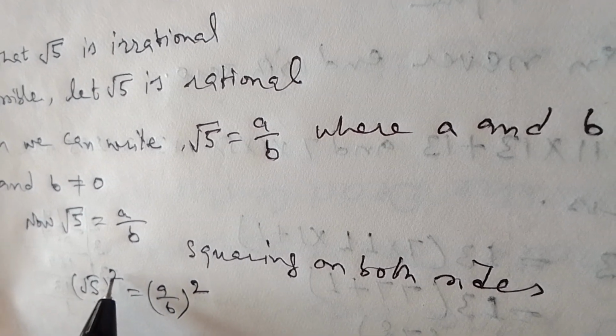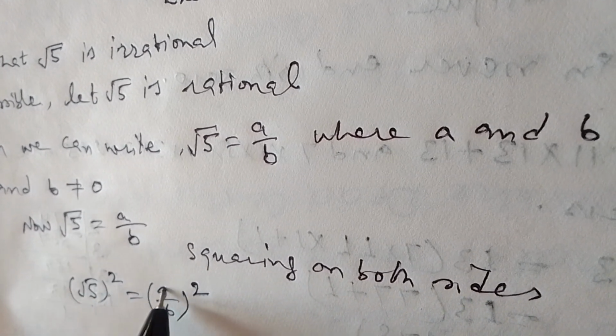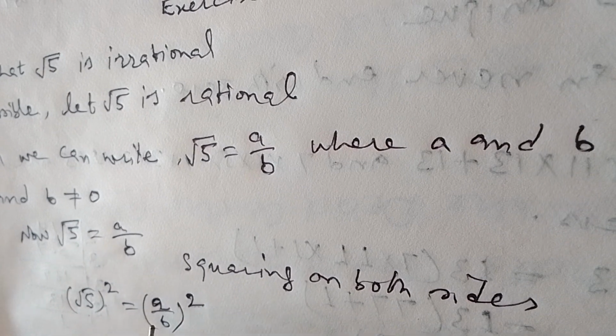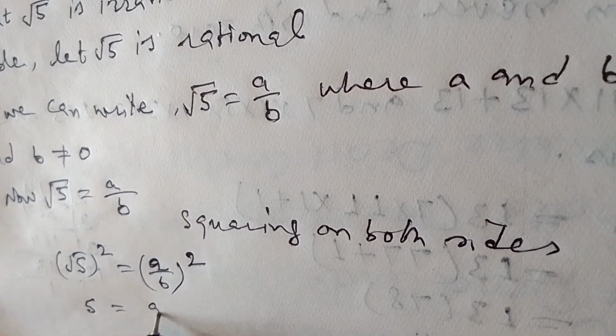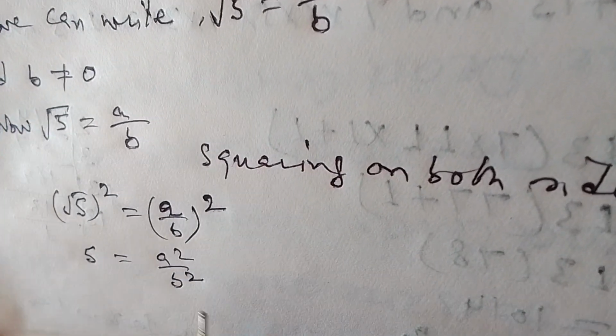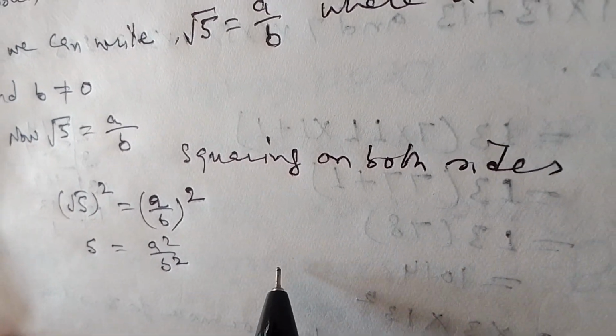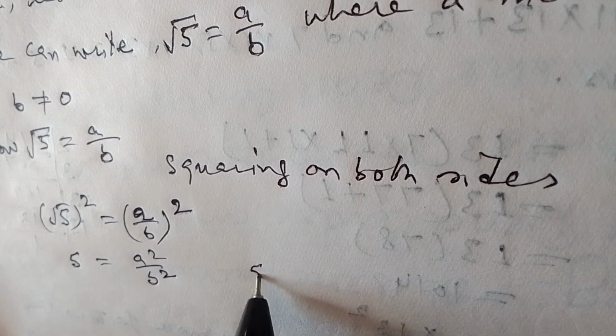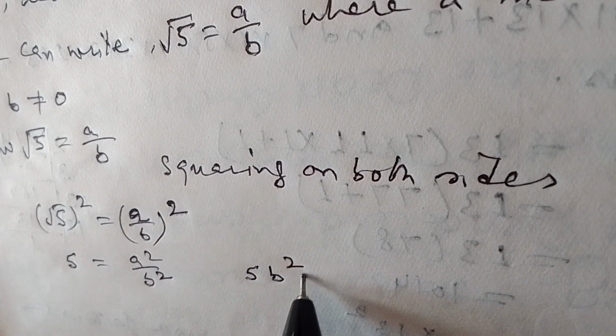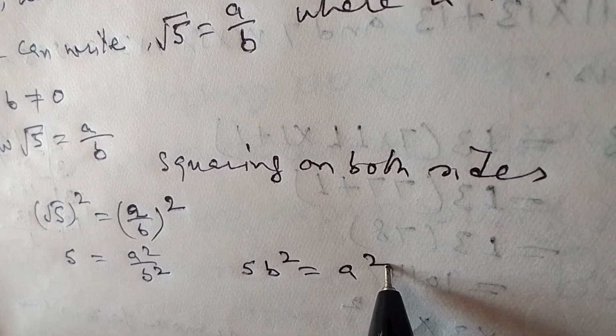So the root with the square is cancelled, so it becomes 5 is equal to a square over b square, which we can write as 5b square is equal to a square.